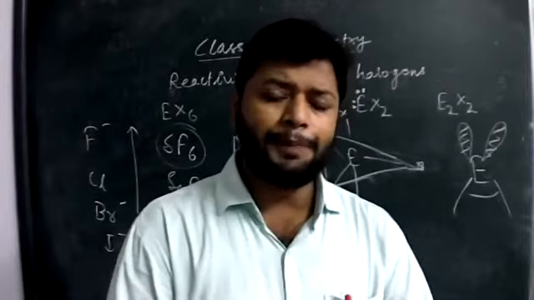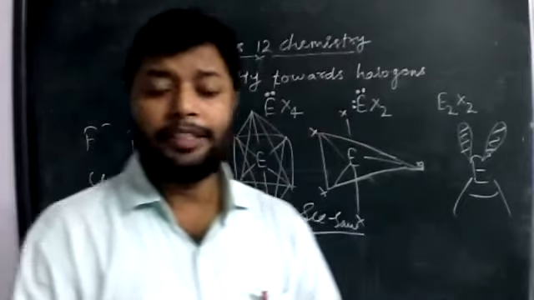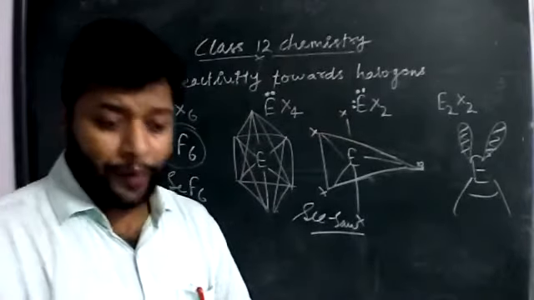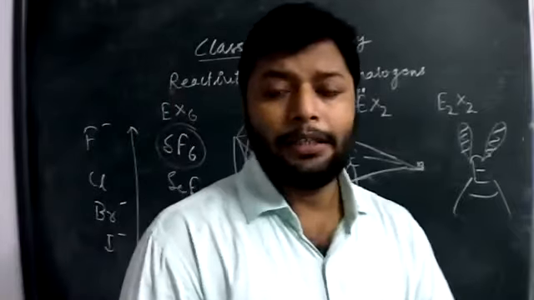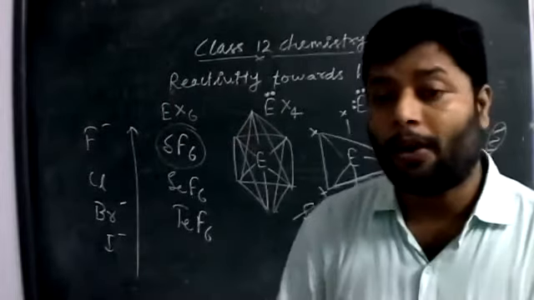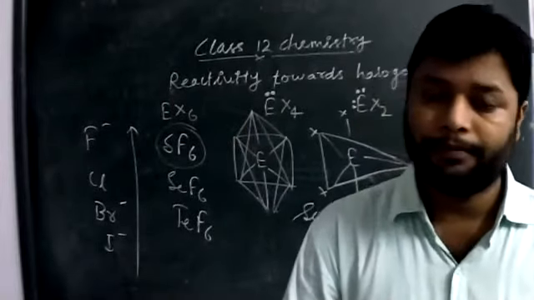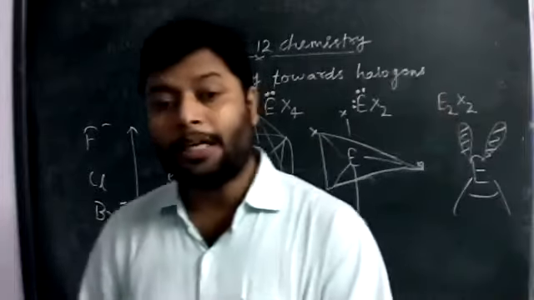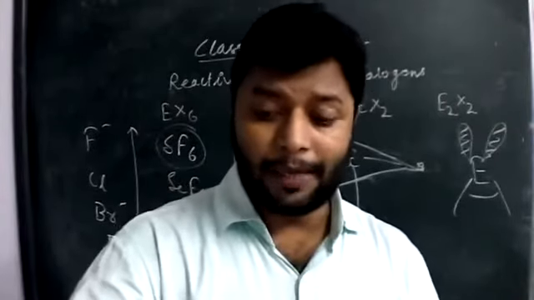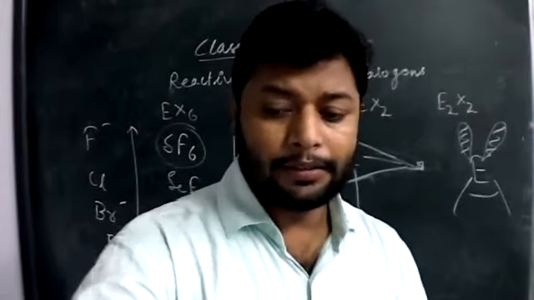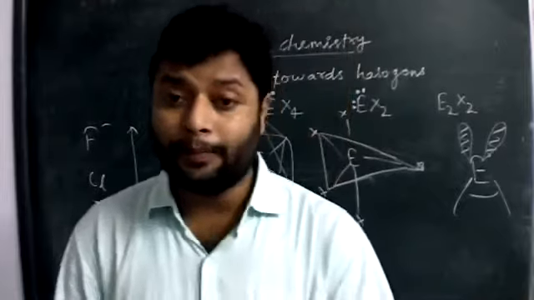This is the only concept needed to learn the stability of compounds. It is the central concept for all the different types of compounds we have. Other things you can go through in your NCERT books.